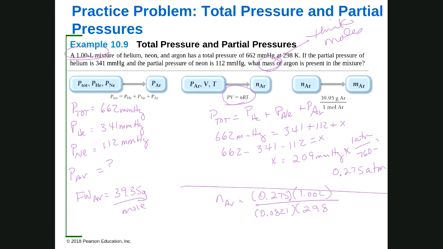It told me it was 298 K. And so I just put that in there. So the number of moles of argon is going to be 0.0112. And then to get the grams of argon, I'm going to multiply that by 39.35 grams of argon per mole. And that's going to give me 0.449 grams of argon.